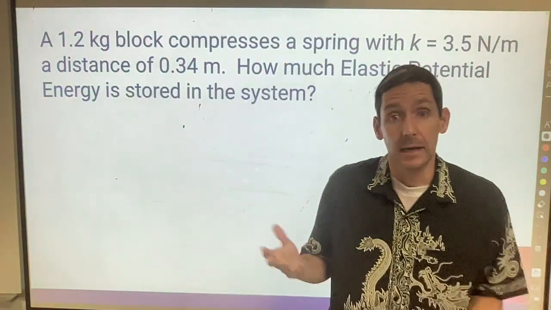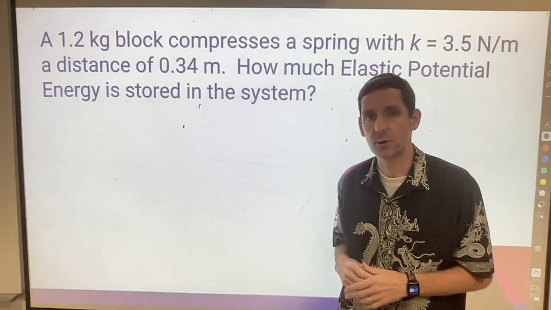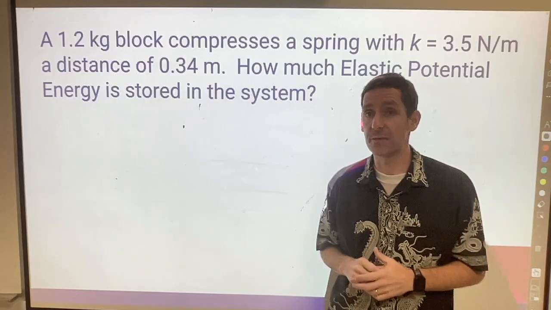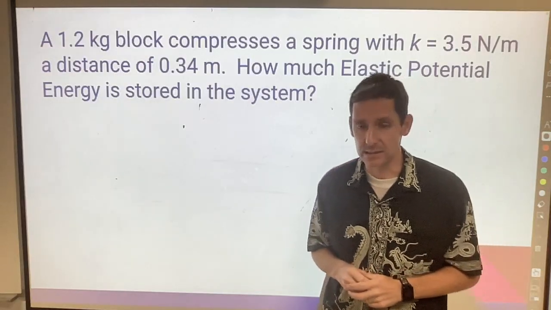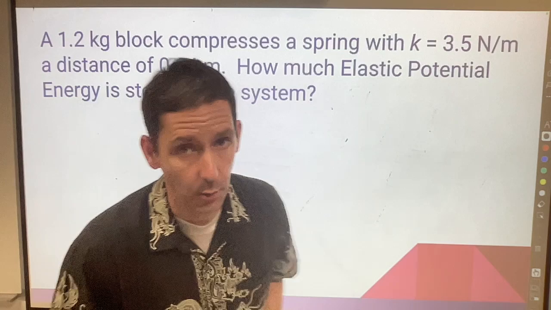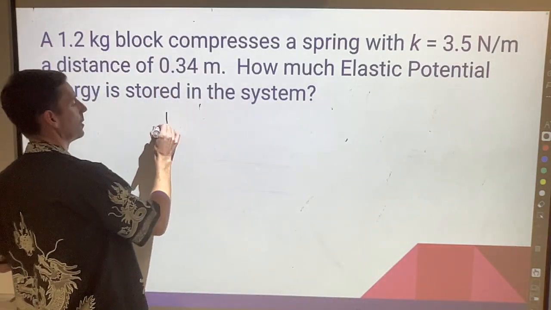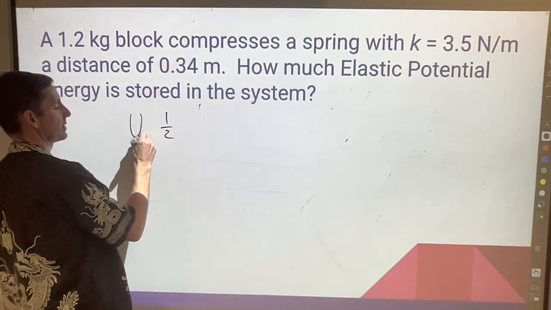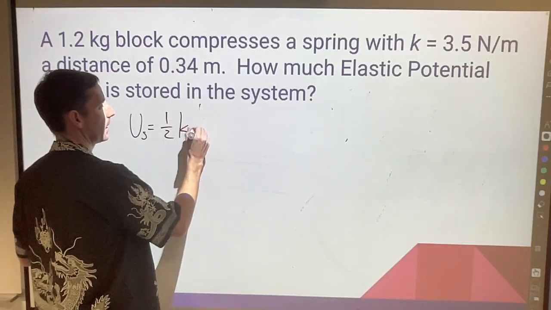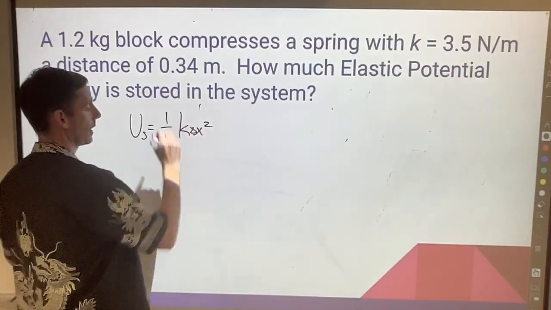Now, quick example. A 1.2 kilogram block compresses a spring with k of 3.5 newtons per meter a distance of 0.34 meters. All right, so how much elastic potential energy is there? Well, elastic potential energy is 1/2 k delta x squared.